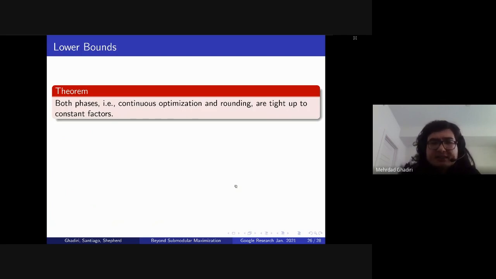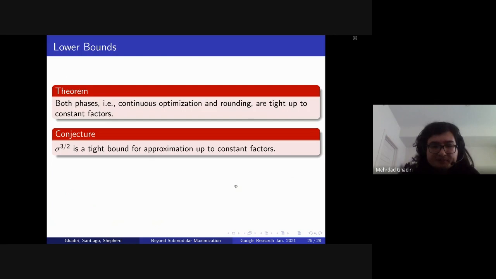This gives us this conjecture that probably our approximation factor is also tight up to constant factors. Not that the tightness of each phase implies that the whole thing is tight, but we have this conjecture that sigma to the 3 halves is actually tight.